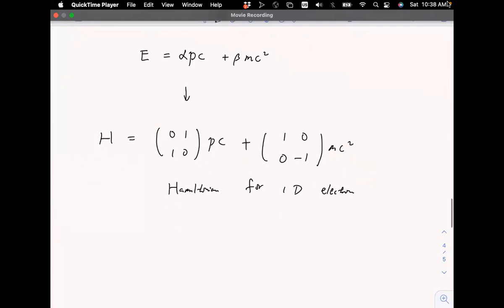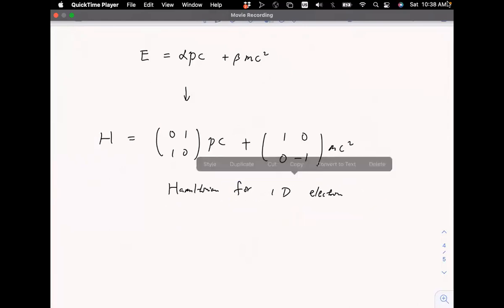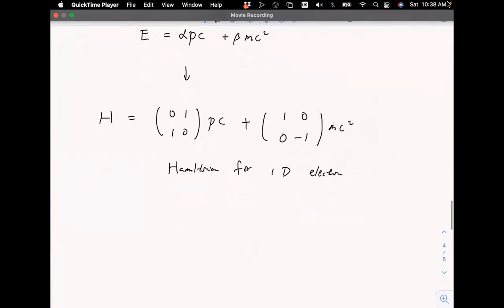Why is it 1D? Because you only have a P here. If you have PX, PY, PZ, then you need more matrices. And later we'll deal with it. Okay, then you continue to do the substitution. So i h bar delta T of the wave function will be, not h bar, H, the Hamiltonian. Okay, then you just substitute it.